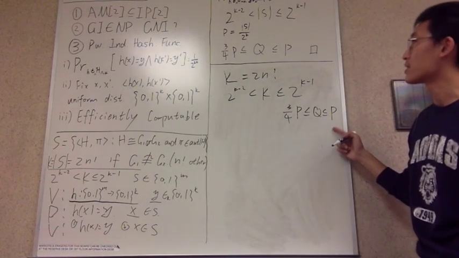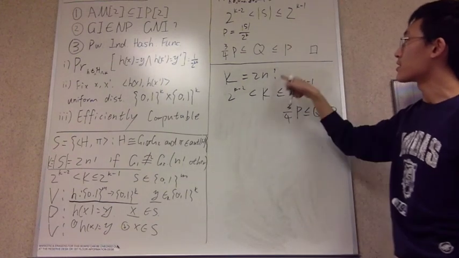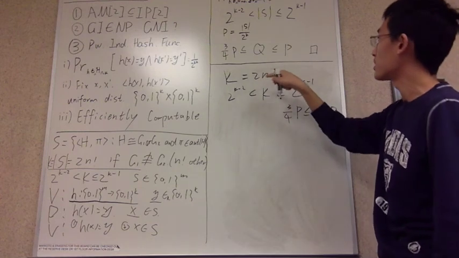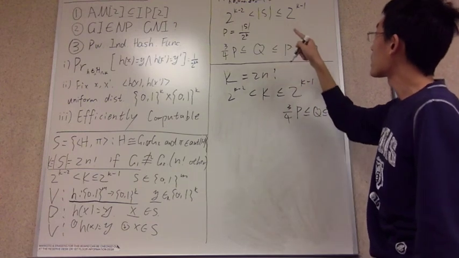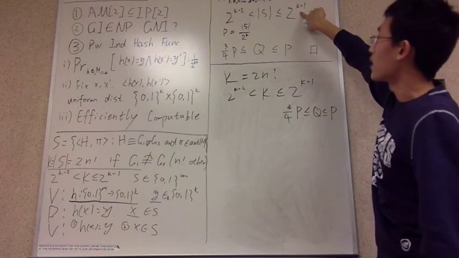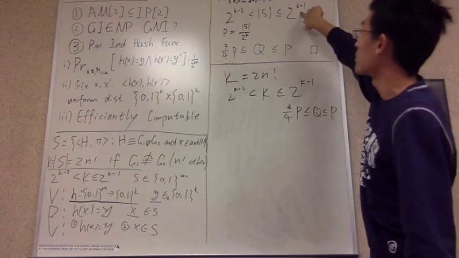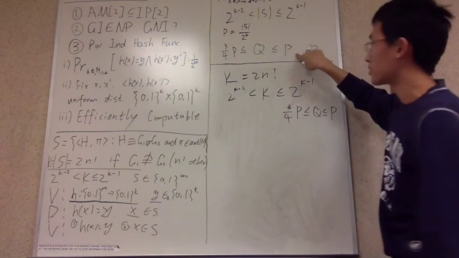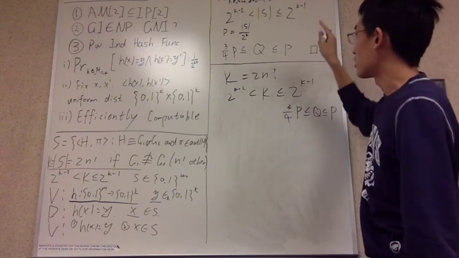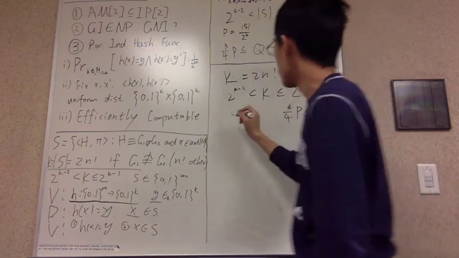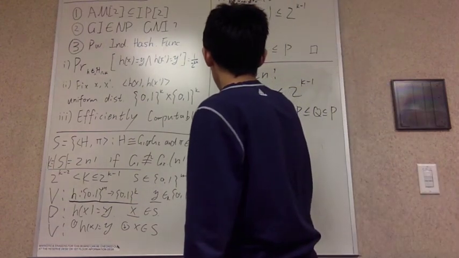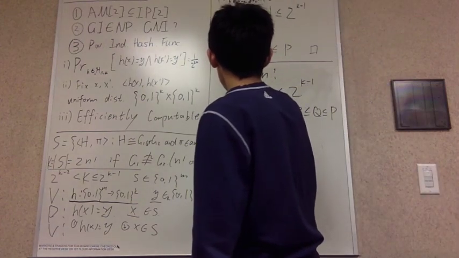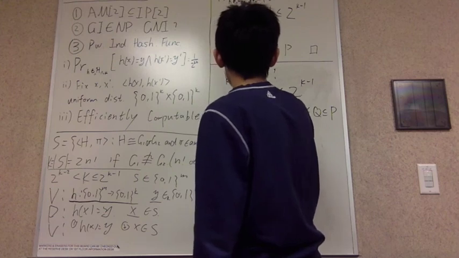And if the size of S is n factorial, then for that S, this small k is 1 less than the small k for S equals 2n factorial. So also according to this, for that Q, it will happen within the probability range up to 3/8 times P.